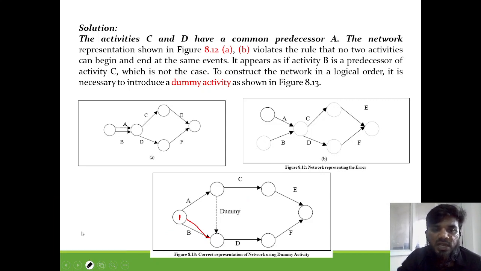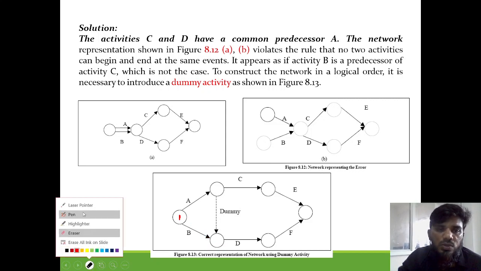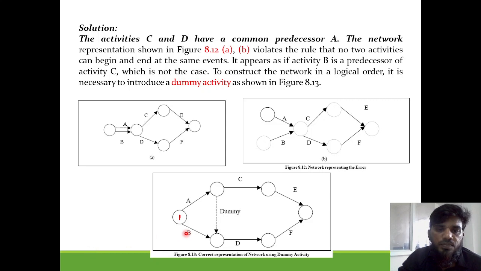Because of that reason, we have shown A separately. Then by using a dummy activity, we are suggesting that after the completion of A and B only, the D activity will start. Even though this dummy activity does not consume any time, it says that after the completion of A and B only, D will start.